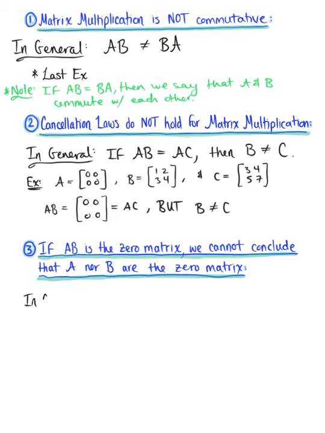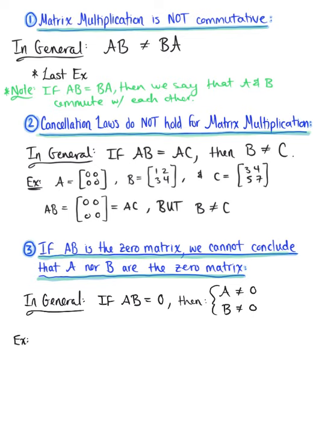Well, this is saying, in general, that if the product of a matrix A with a matrix B is equal to the zero matrix, then matrix A does not necessarily equal the zero matrix, nor does matrix B necessarily equal the zero matrix. So we can't make any assumptions here. And again, let's explore this with a quick example.